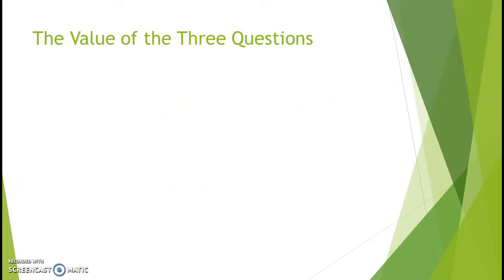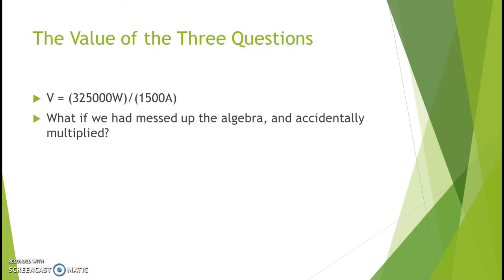Okay, this might be a good time for us to illustrate the value of the 3 questions. So let's imagine our question here, and let's look at our correct equation. V equals P over I. And we correctly substituted in here, but let's imagine for a second we had made a mistake and we'd accidentally multiplied.